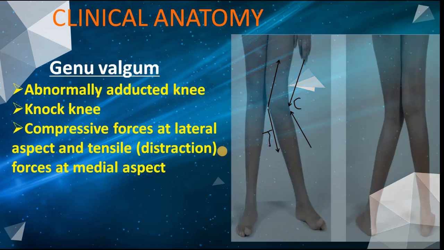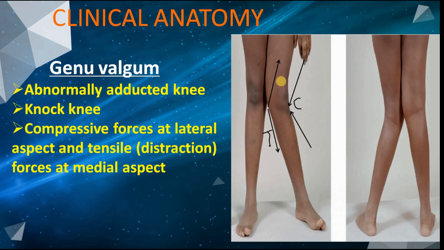In genu valgum there are compressive forces at the lateral aspect and tensile or distraction forces at the medial aspect. To remember valgum, think of gum meaning sticky, so the knees are stuck together.